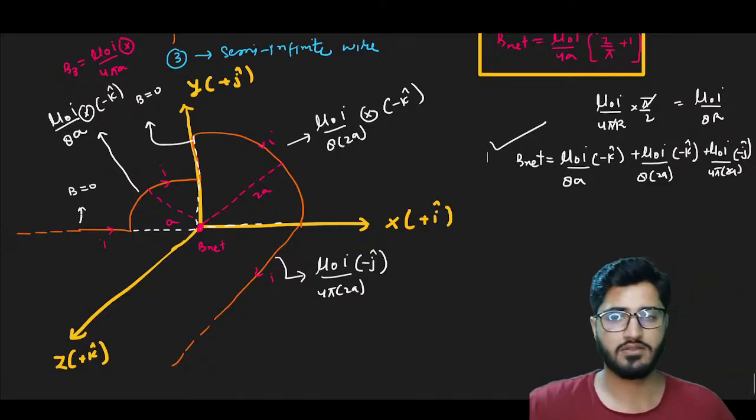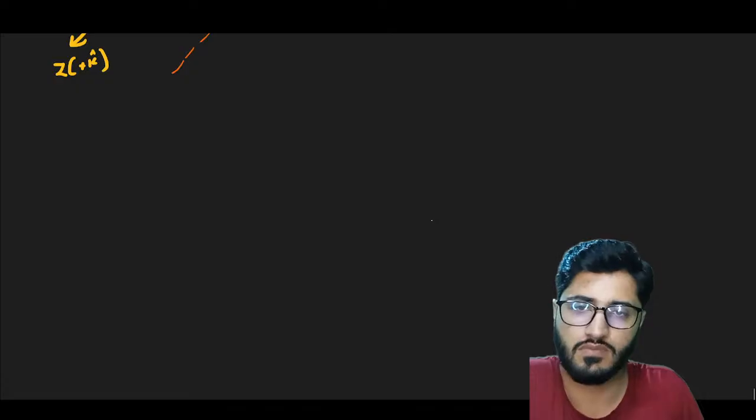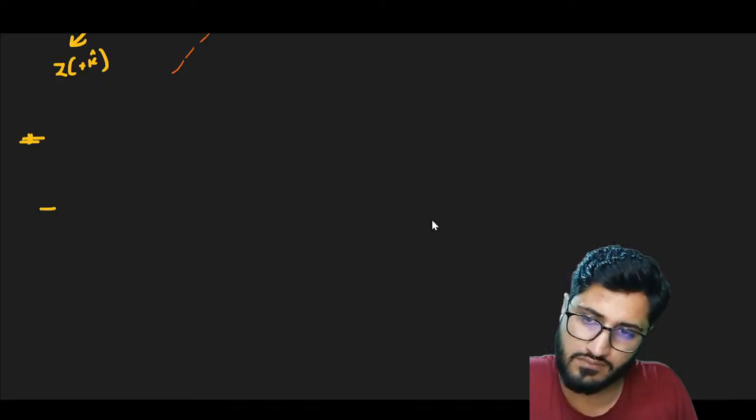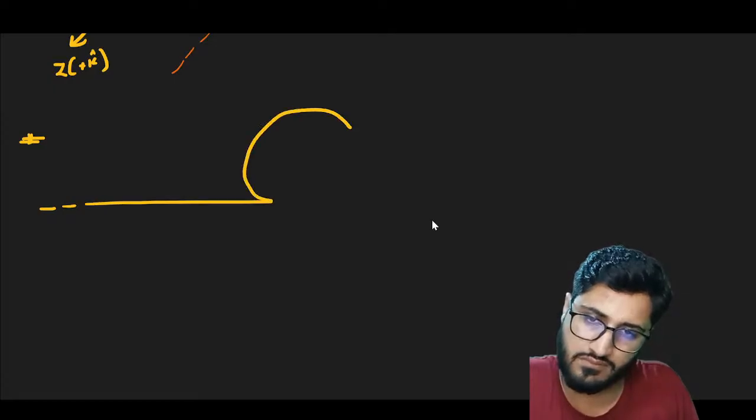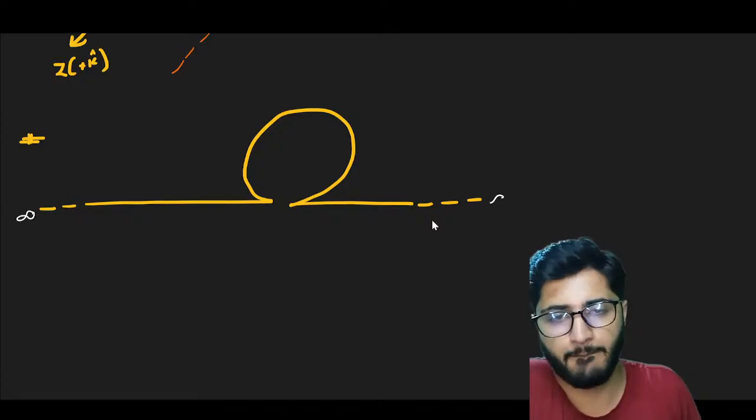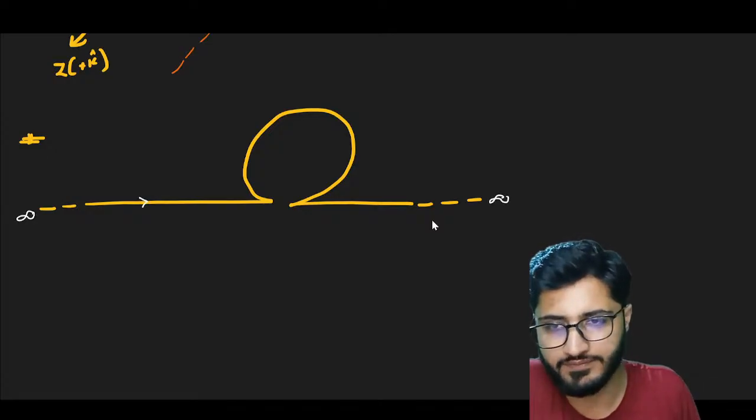Let us do one more numerical. If we have a numerical like this, look down. Current I is flowing.